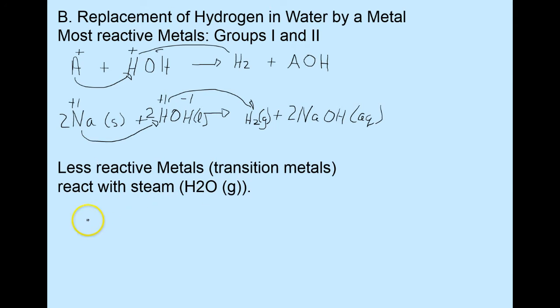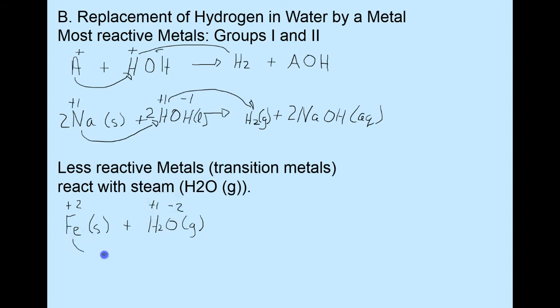of steam. Let's take a look at iron. Iron is a solid. Now this time we're going to write water as H2O, but it's a gas. So the water in this case needs to be a little bit more reactive. Let's say iron has a +2 charge. In the water, hydrogen is +1, oxygen is -2.